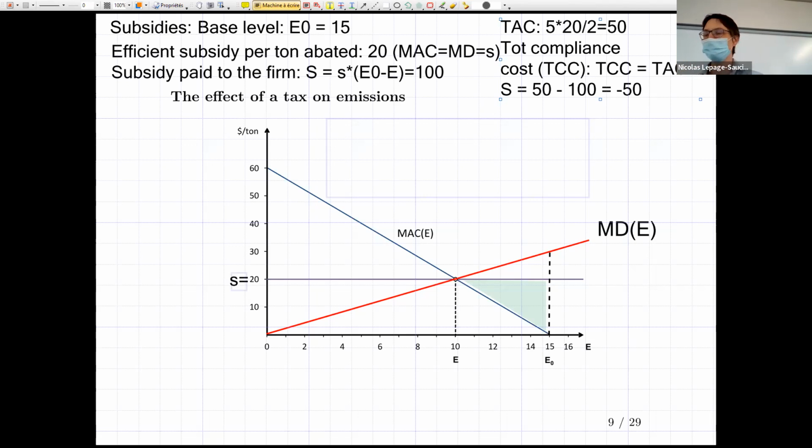The key is, I said if it's non-distortionary, if it doesn't affect people's behavior, okay. But as we have said, subsidies and taxes always affect behavior.